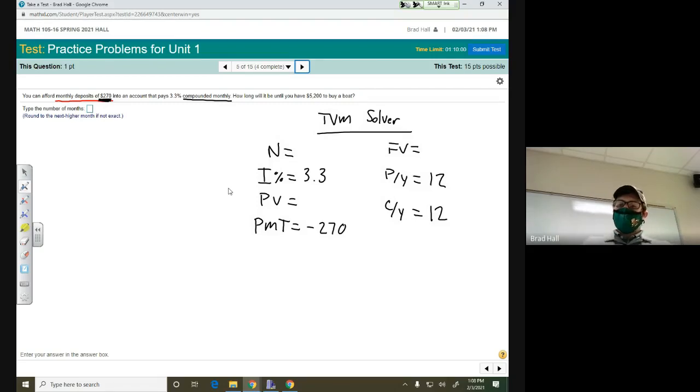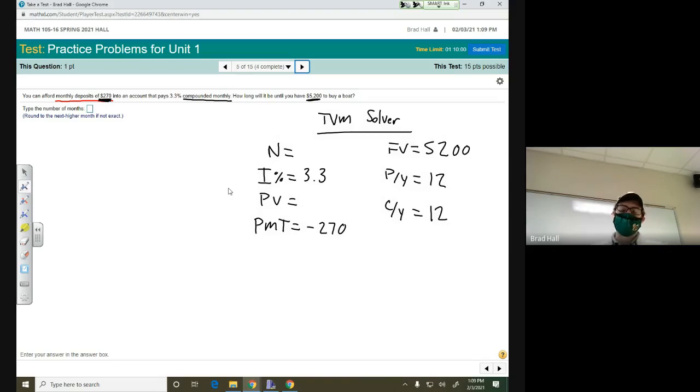And I suppose, what do we do with that 5,200? That's the future value. I think this problem tries to be a little tricky because it makes you think you bought a boat and now you owe 5,200.